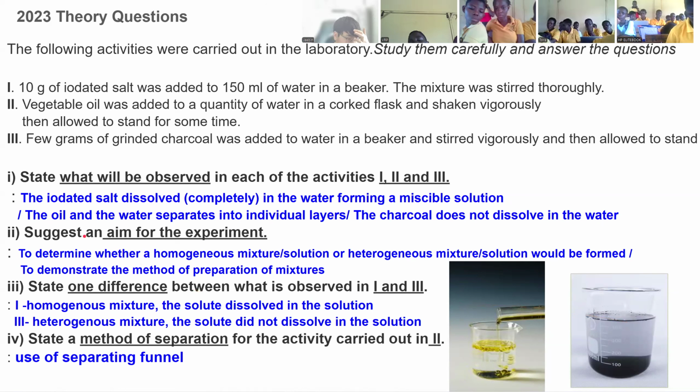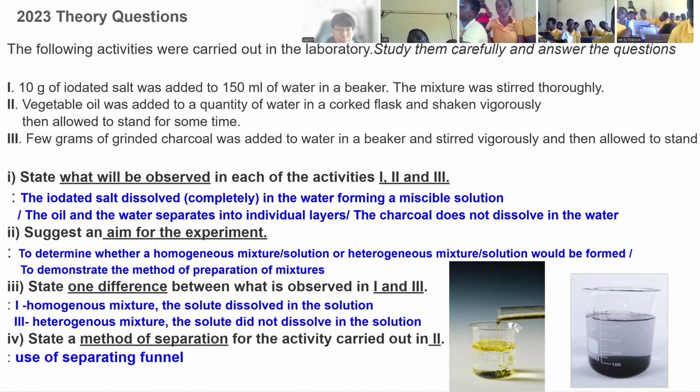The second question asks us to suggest the aim for the experiment. The possible answer to the question might be to determine whether a homogeneous mixture or heterogeneous mixture will be formed, and to demonstrate the method of preparation of mixtures.